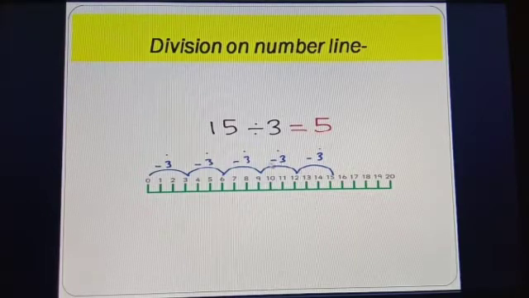Again subtract 3 from 12, 9 will come. Again subtract 3 from 9, 6 will come. Then 3 from 6, 3 will come, and 3 from 3, 0 will come. Okay, so how many times have we subtracted? 1, 2, 3, 4 and 5 times. So the answer is 5. In this way we can show division on the number line.